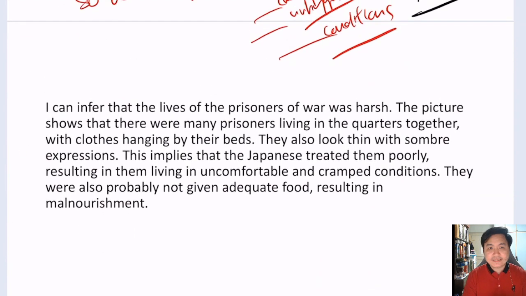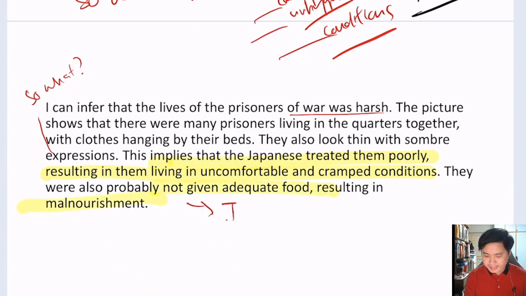Okay, so let's take a look at this example. I can infer the life was harsh, right? The picture shows that there were many prisoners in the living quarters together, clothes hanging and so on. What does this imply? So again, the key question, so what? So what if the evidence says this? Well, it implies Japanese treated them poorly, resulting in uncomfortable, cramped conditions, not given enough food, malnourishment.